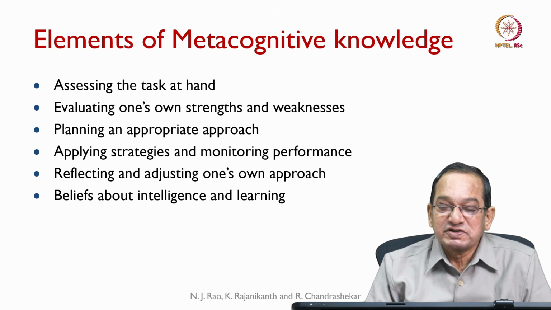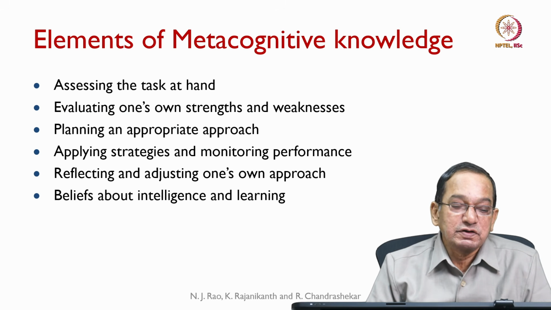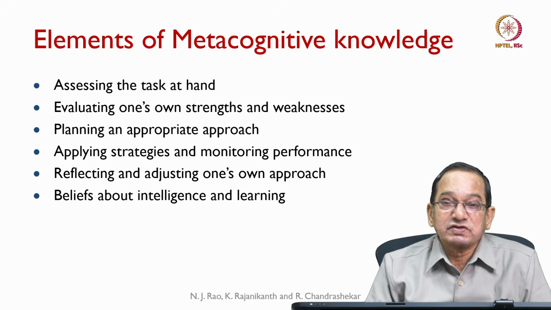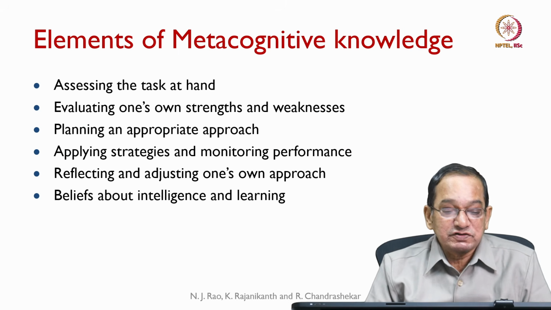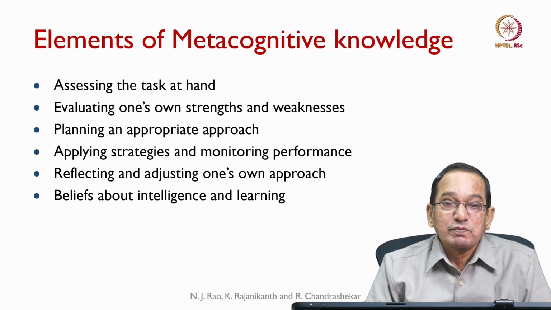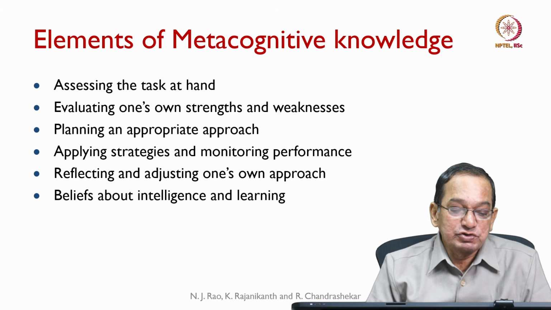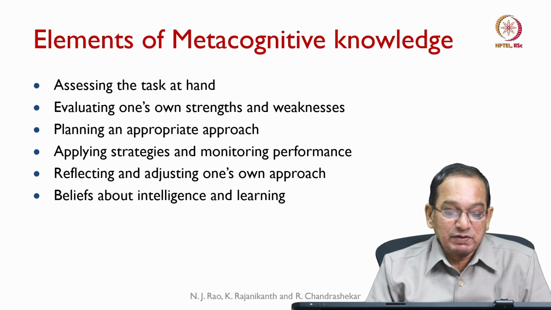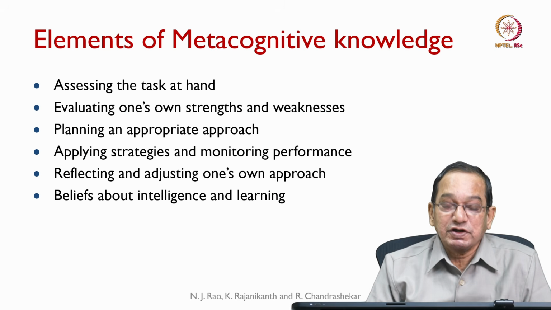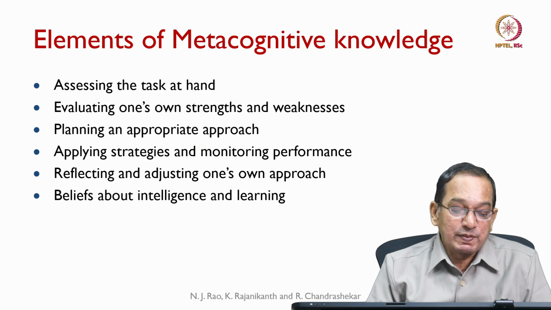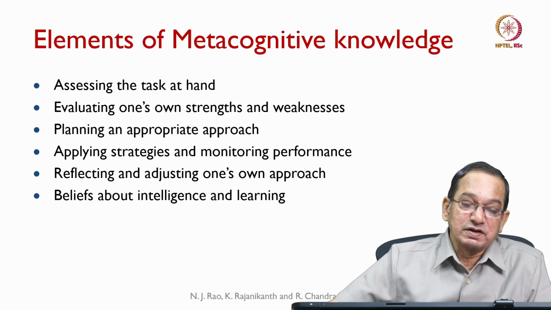What are the elements of metacognitive knowledge? Assessing the task at hand, evaluating one's own strengths and weaknesses, planning an appropriate approach, applying strategies and monitoring performance, reflecting and adjusting one's own approach, beliefs about intelligence and learning.